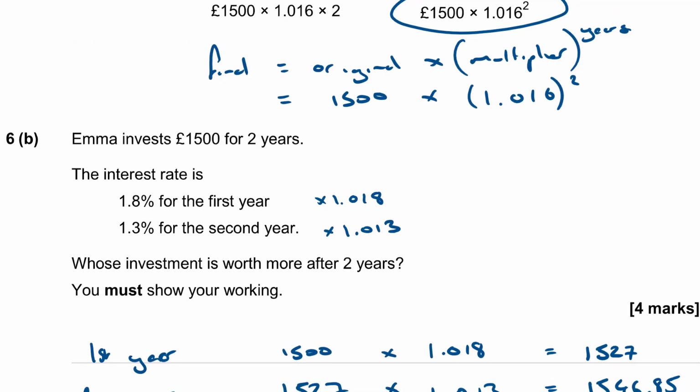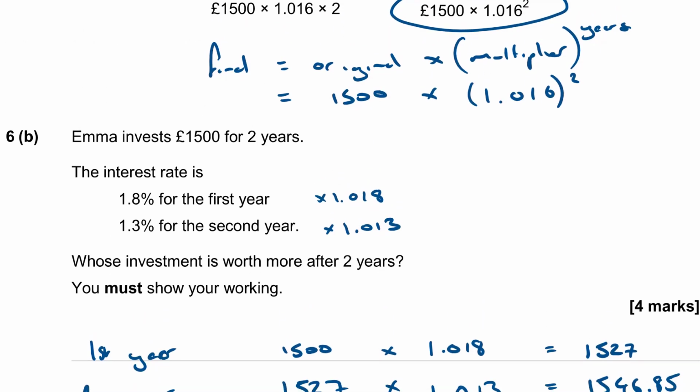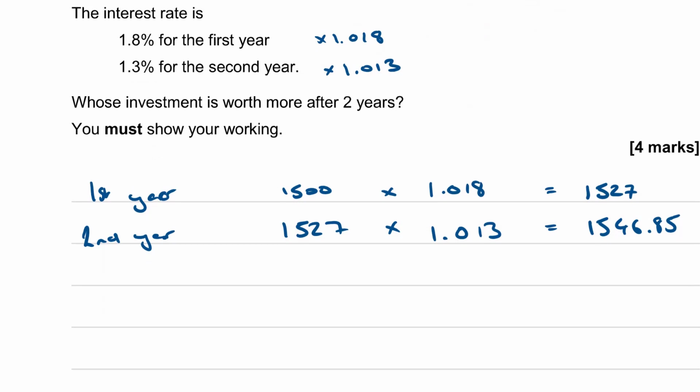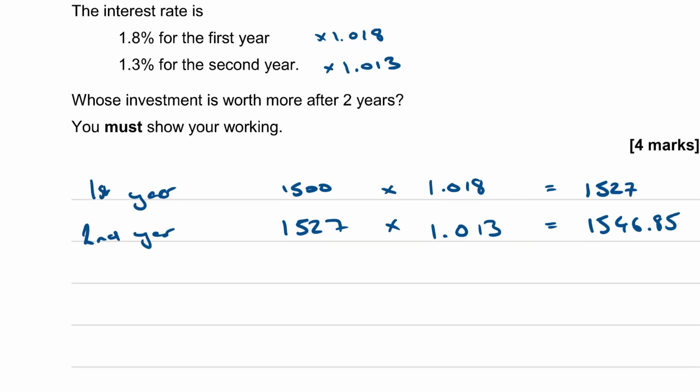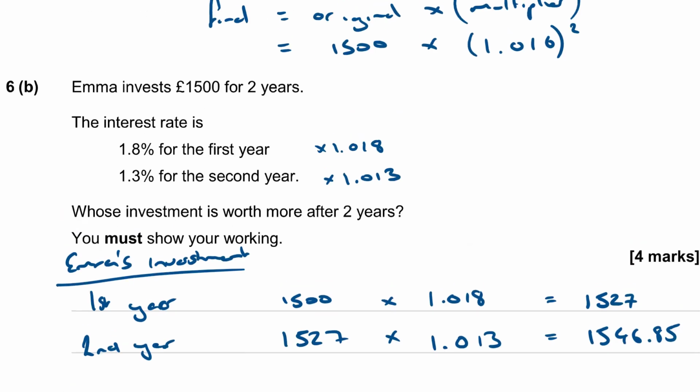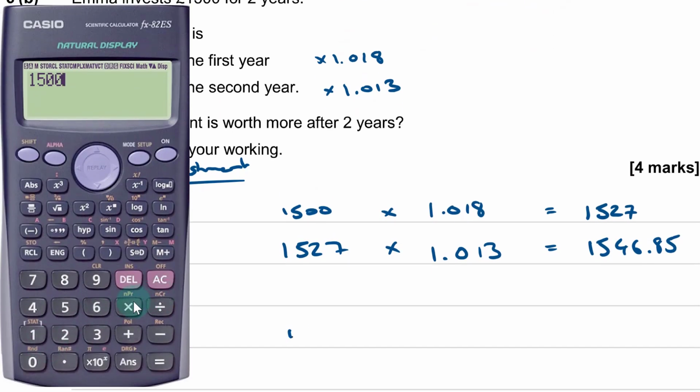So which one was worth more? Oh, we didn't work out the first one, did we? Let's work out the first one. Whose investment was that? Dev's investment. So this is Emma's investment. Dev's investment was 1,500 times 1.016 squared.